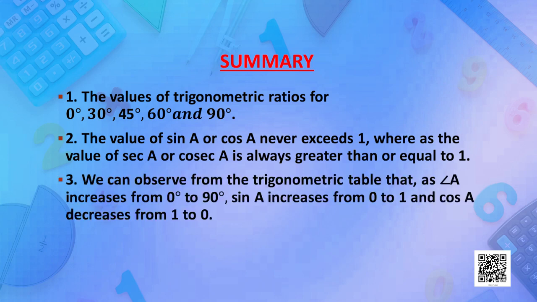We can observe from the trigonometric table that as angle A increases from 0 to 90 degree, sin A increases from 0 to 1 and cos A decreases from 1 to 0.